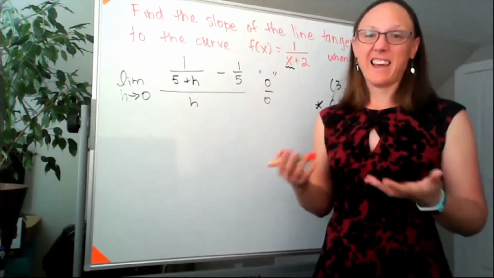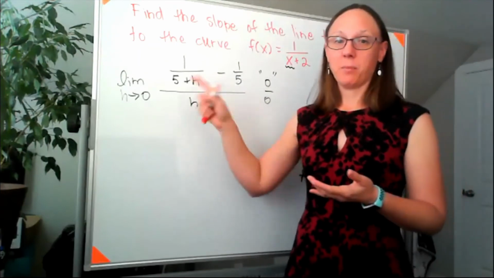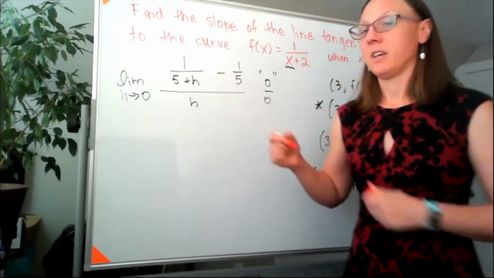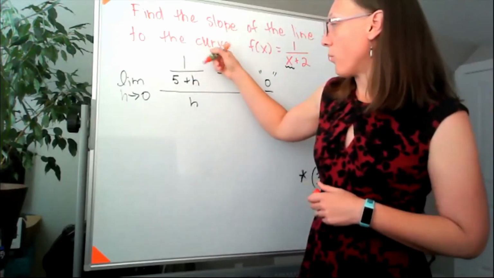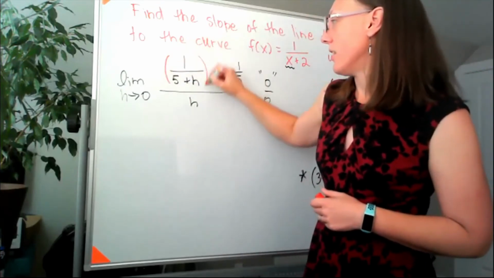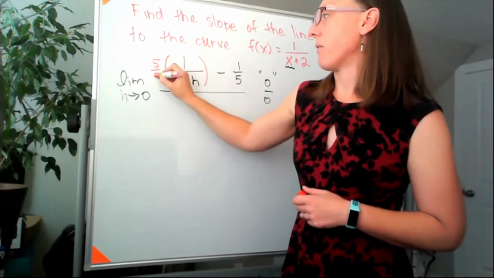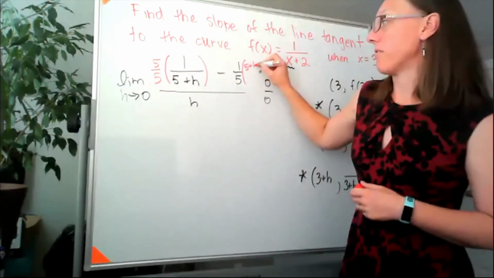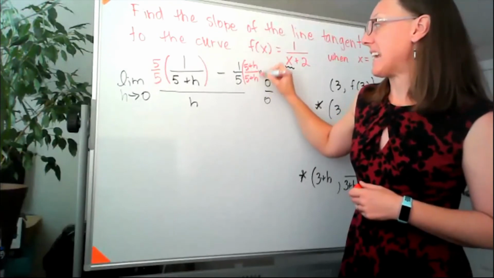0 over 0 is telling us to do some algebra, and because I've got fractions, I know that I need to get a common denominator. So to this 1 over 5 plus h, I'm going to need to multiply that by 5 over 5. And to the 1 over 5, I'm going to multiply by 5 plus h over 5 plus h.